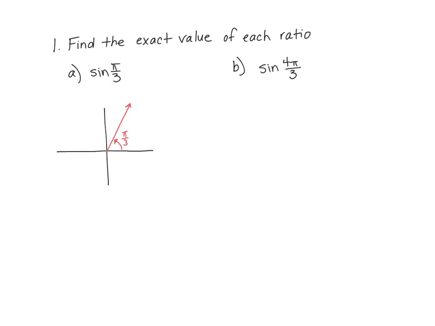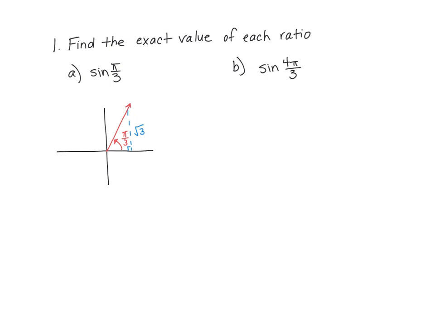I can then use my special triangle to help me come up with an exact value for that ratio. So I know if I'm dividing by the smaller value of pi by 3, I'm going to have my bigger angle. And across from that bigger angle is going to be my bigger side length, which was root 3.